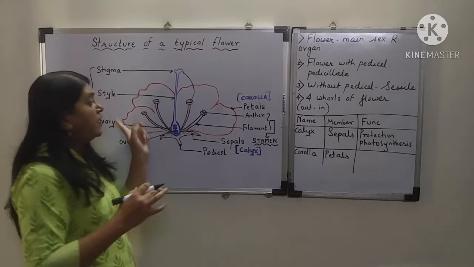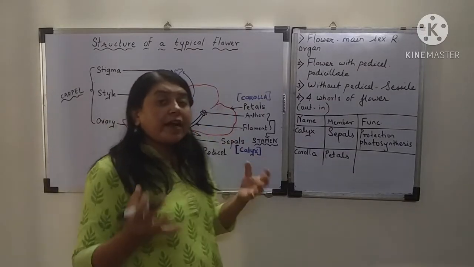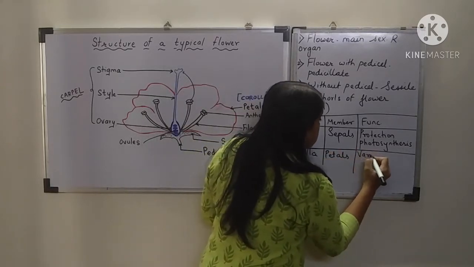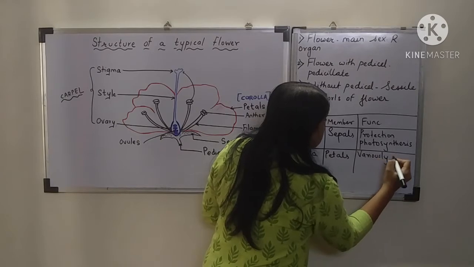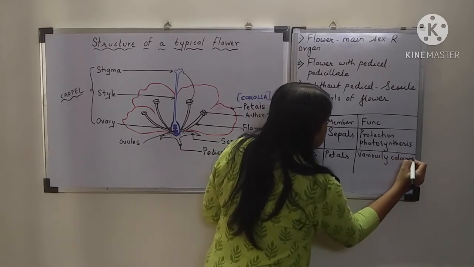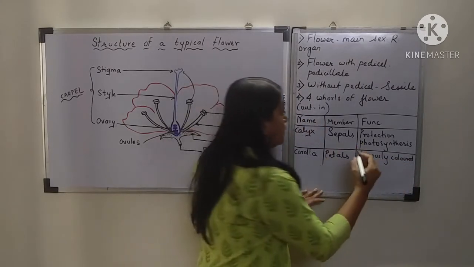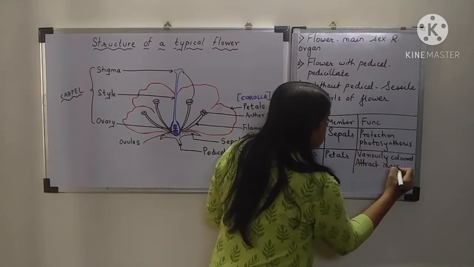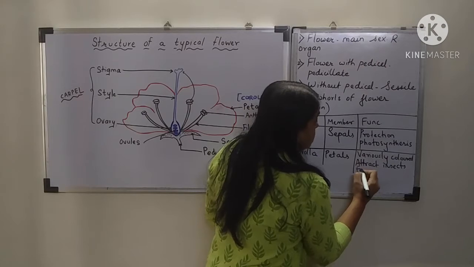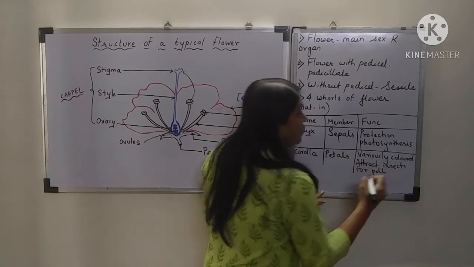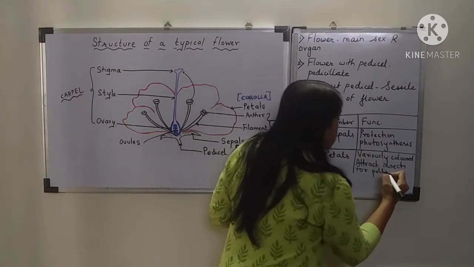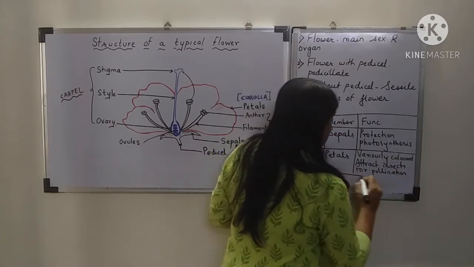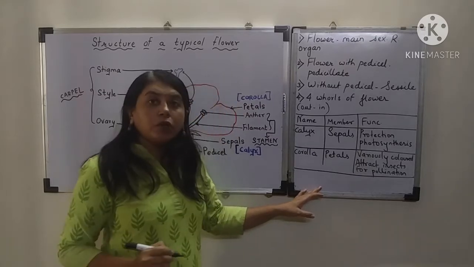Since petals are variously colored, they attract insects for pollination. So this is about the corolla.